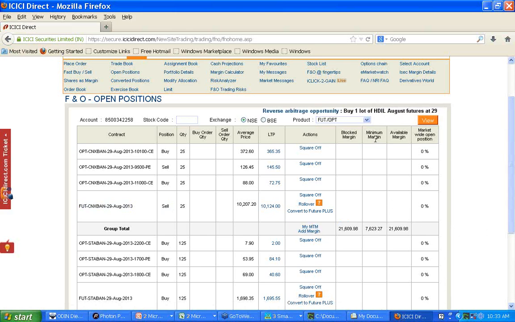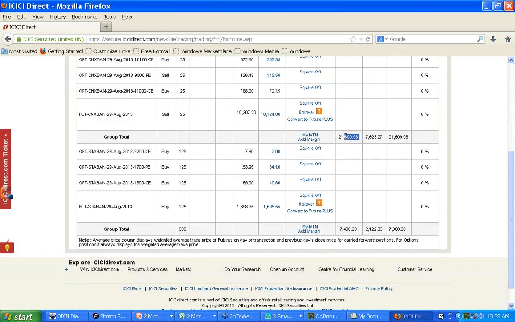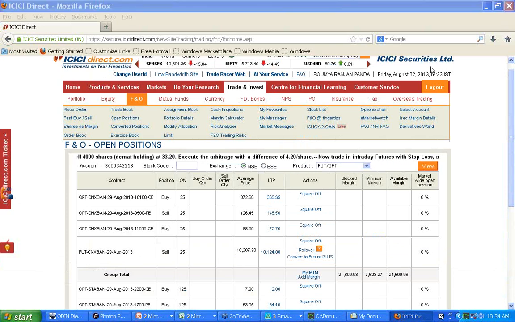But by this process, minimum margin of 7,000 is required. But for safety's sake, I have just kept some higher margin here. Here minimum margin required is 2,000 rupees for this one put option. In fact, one call option sell was there that I have closed. So this is the margin requirement for any pair trade position.